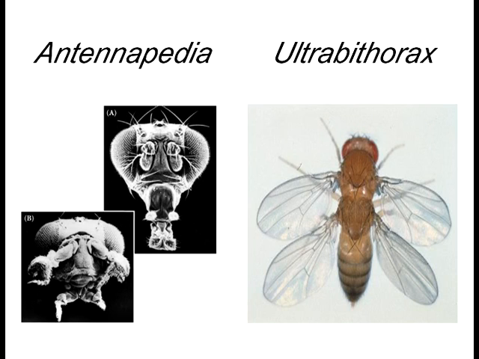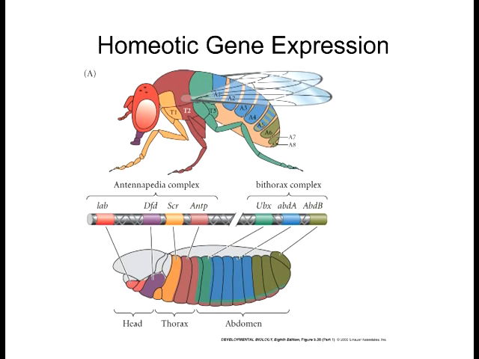Another thing is if you have expression of things such as Antennapedia, which would normally make legs, in the eye region, then you end up getting limbs in the eyes instead of the eyes themselves. So they've found that these homeotic selector genes play a critical role in further gastrulation and differentiation of key parts of the Drosophila for the whole body plan.